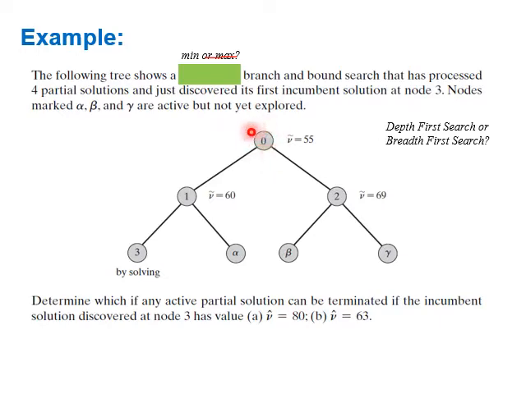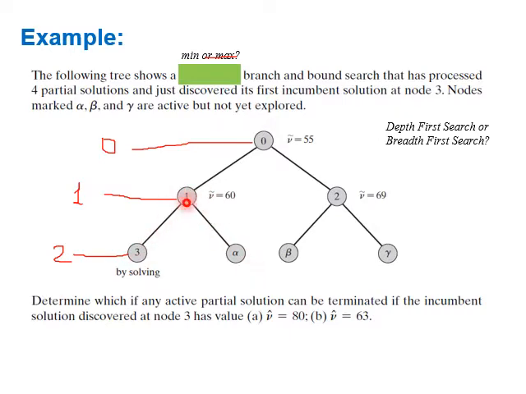We start with the root node, which is numbered 0. Then we move to this node, which is in level 1. So remember, the level of the root node is level 0, the level of this first child is level 1, and the level of the second child is level 2. We started with the root node, then moved to the first level and considered this one and decided on branching it.